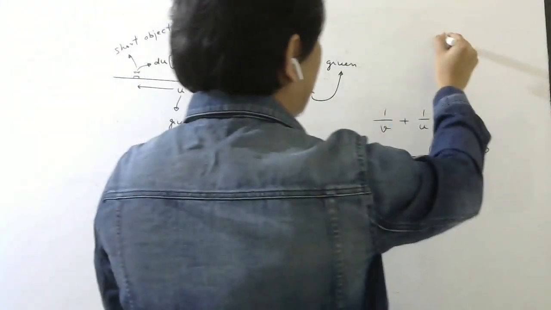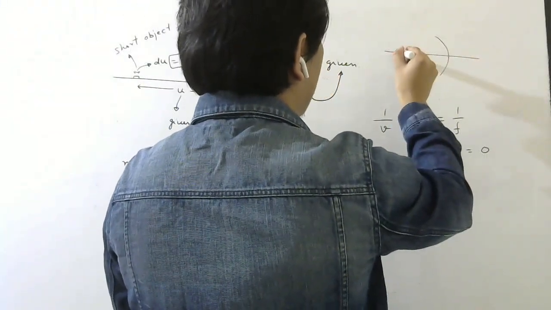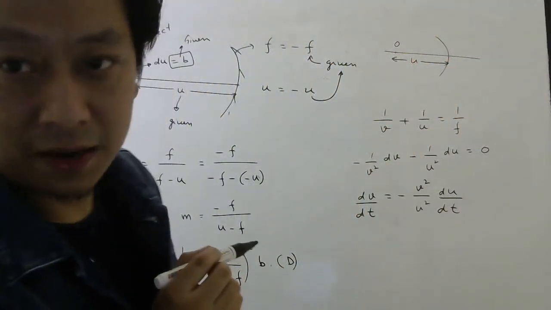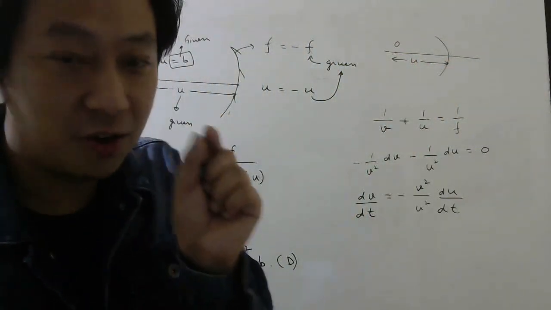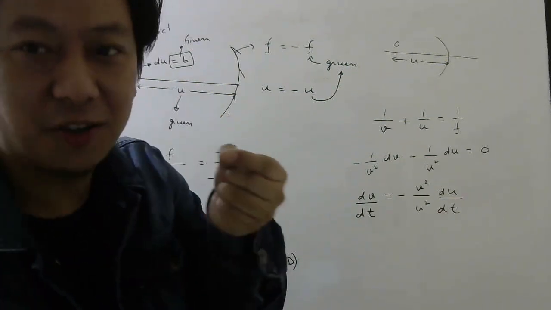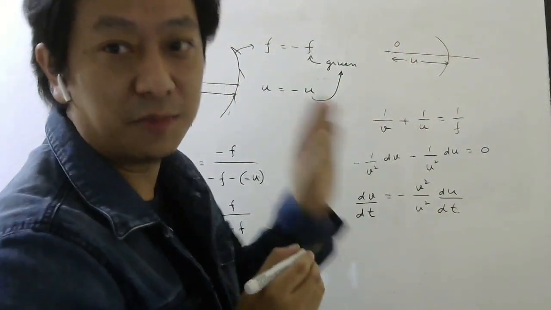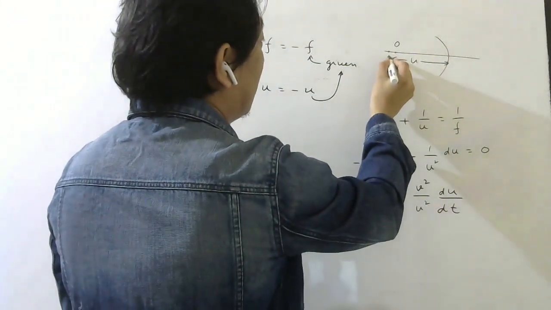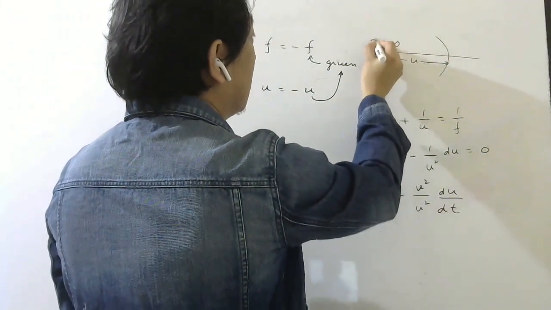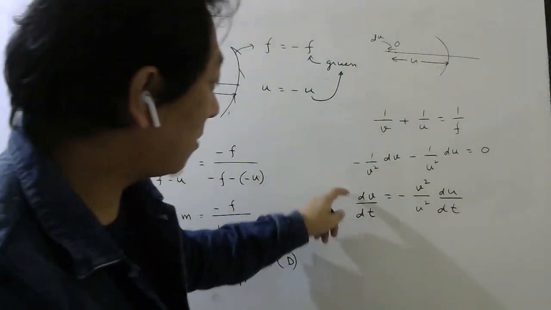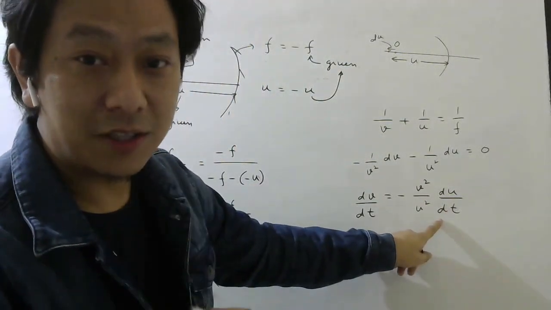So this is the mirror, this is the object, this is called object distance, right? So now this time it is not a short object like this one, it is just a point object. But suppose the point object moves this side, let's say by a small distance, then this can be taken to be du. So now what is du? Distance traveled by the object. So if you divide by time, that will be velocity of the object.